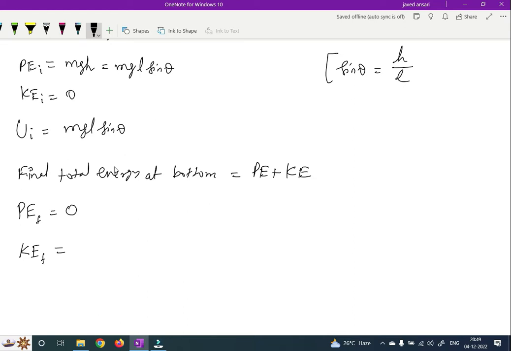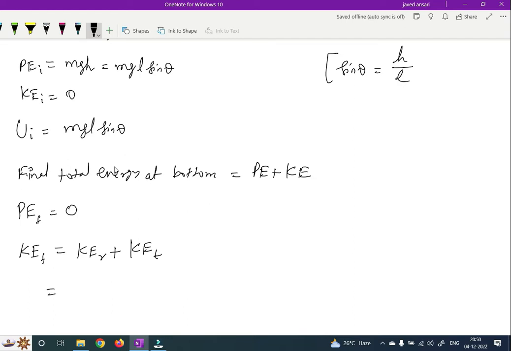Here is a catch. This has two motions, right? It is rolling. Rolling means it has rotational plus translational motion. So KE will be rotational plus translational.